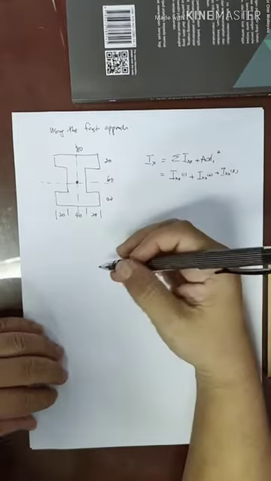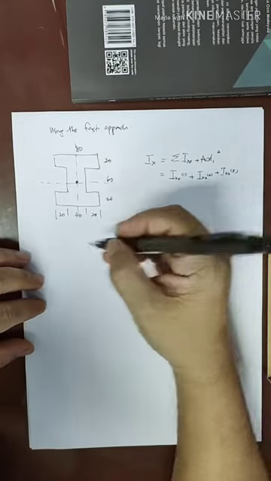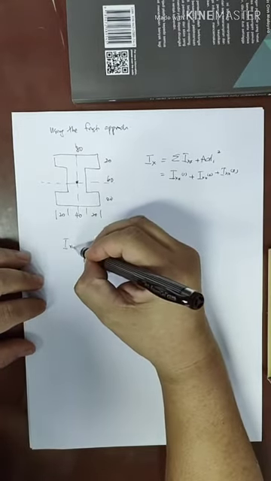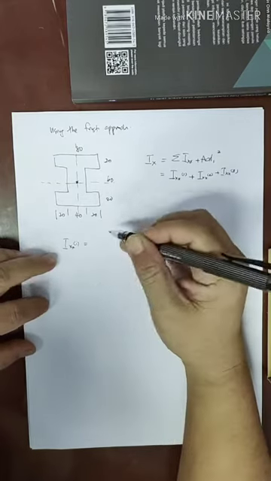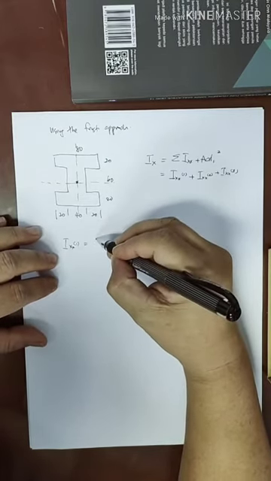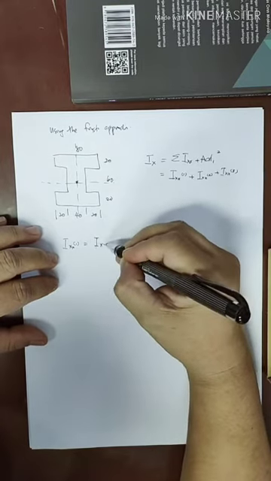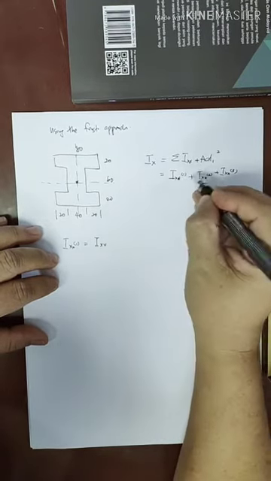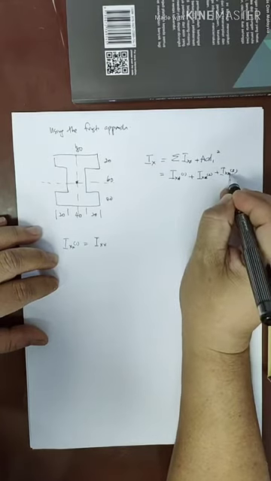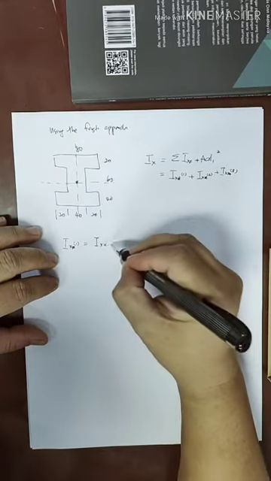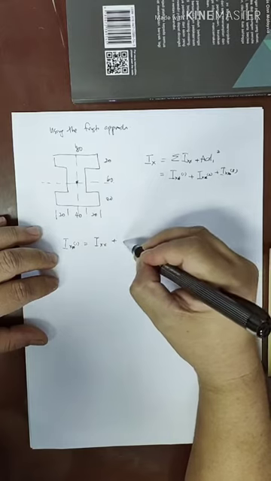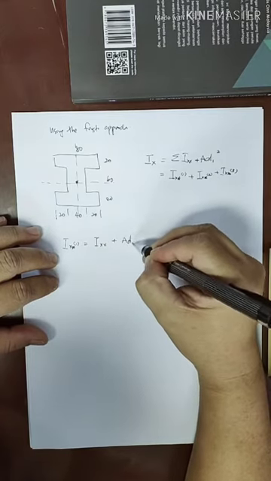So what is the Ixx1? Again, we use the equation, Ixx plus AD1 squared.